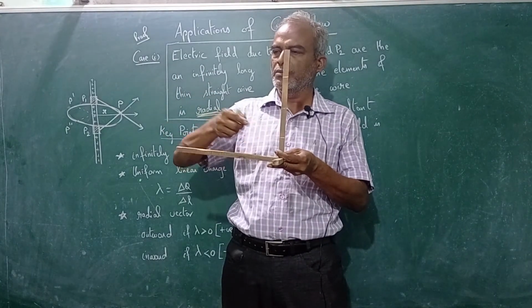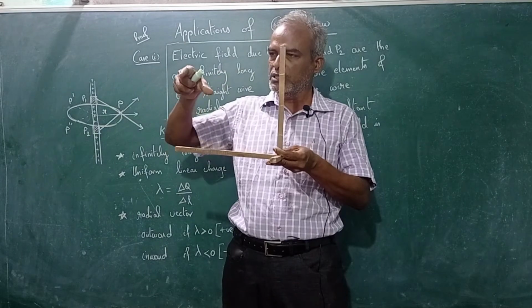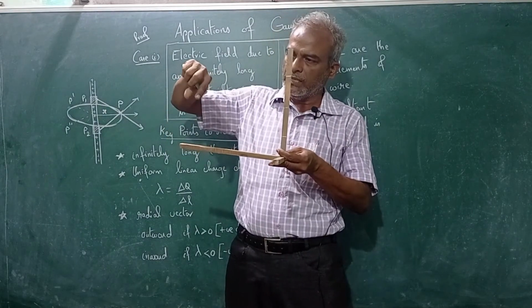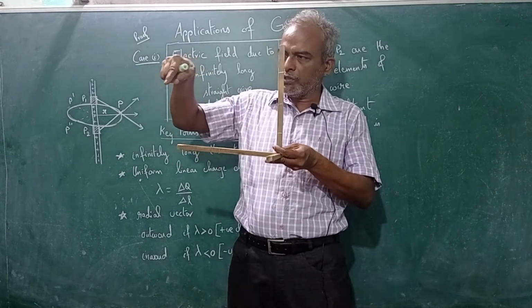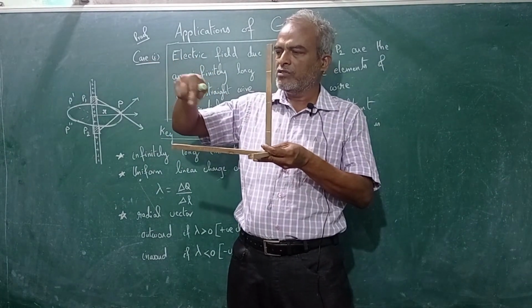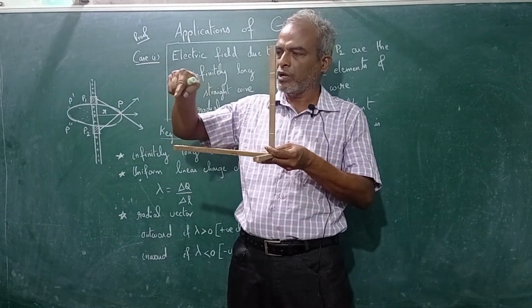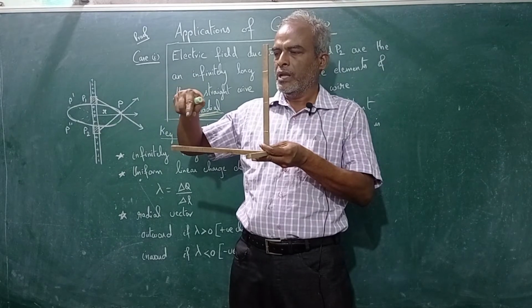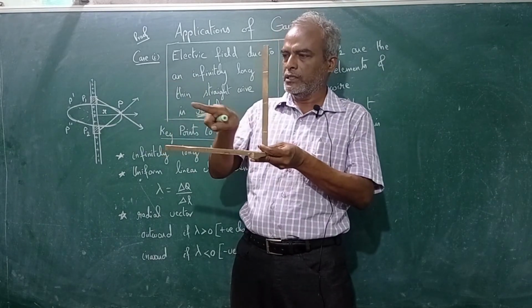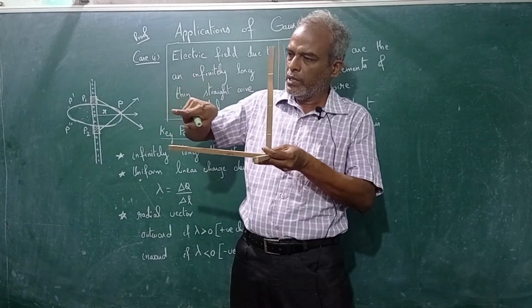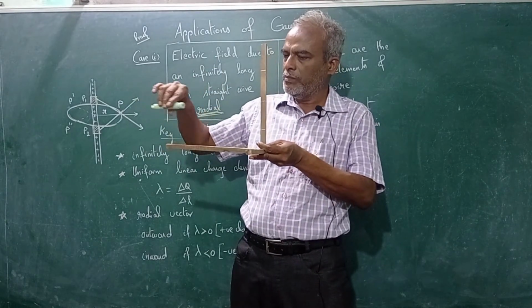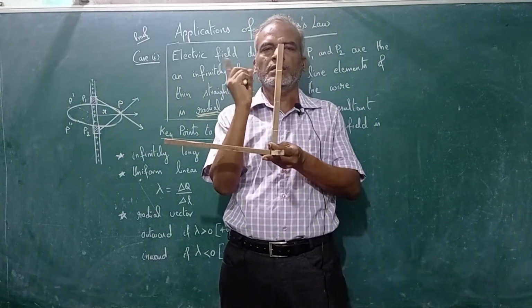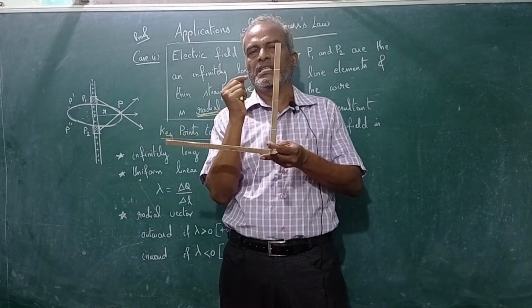Because of this, it is going this way, because of this. So this length and the angle between them, both, we have to solve for the resultant. So if you complete the parallelogram and find the resultant at this point, it goes this way and this way. So the resultant will be here. That means it will be radial to the point of consideration.